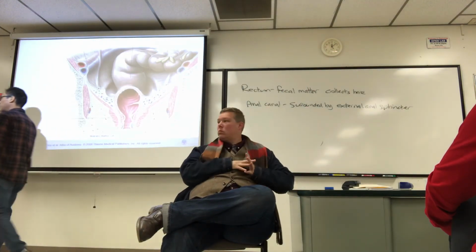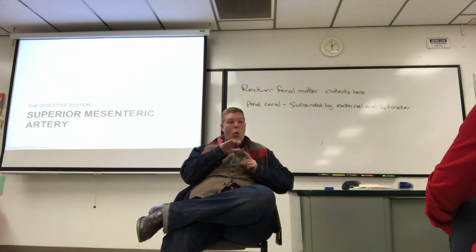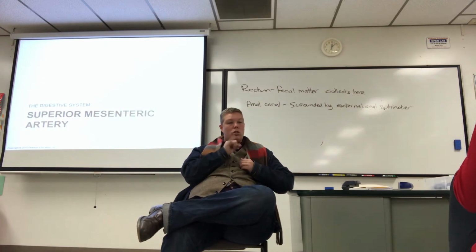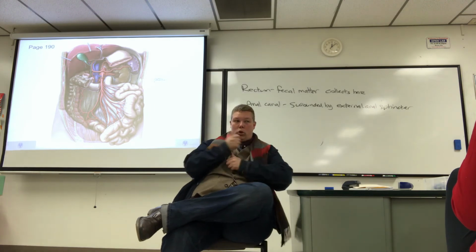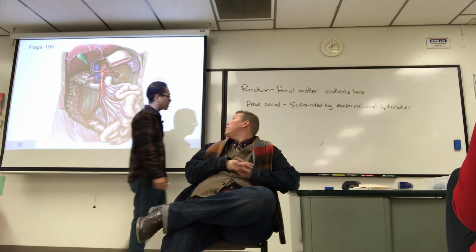I want to spend more time talking about the blood supply to the colon and the small intestine. So let's go back and start with the blood supply for the jejunum and ileum. That would be the superior mesenteric artery, shown here. It's showing you a lot of things here, but focus on the superior mesenteric artery.